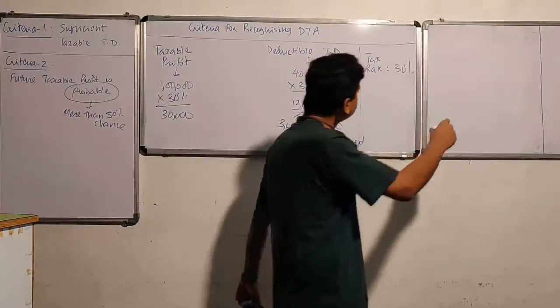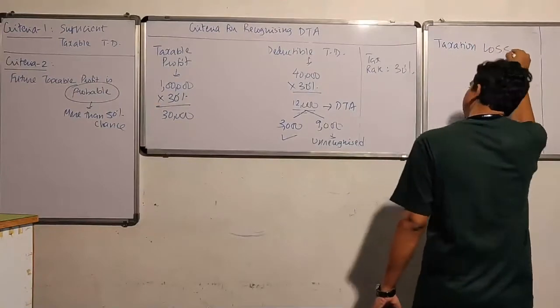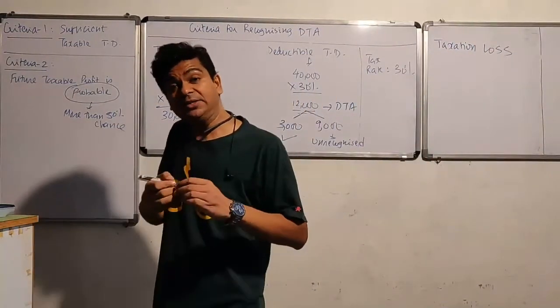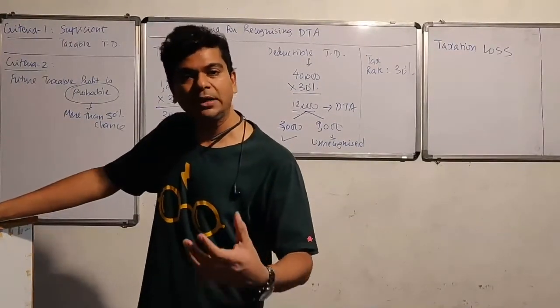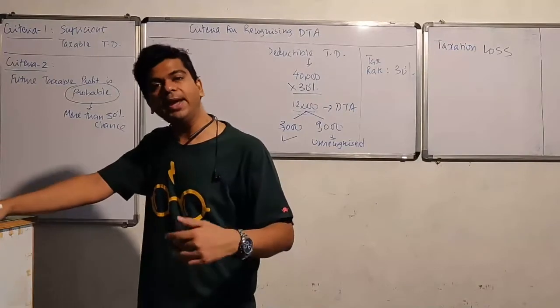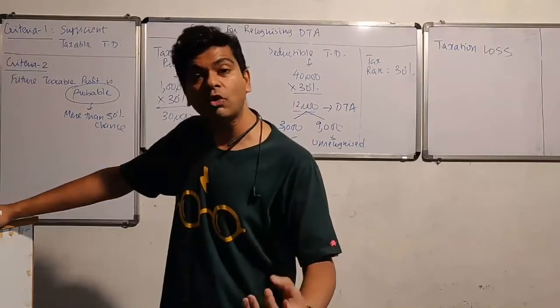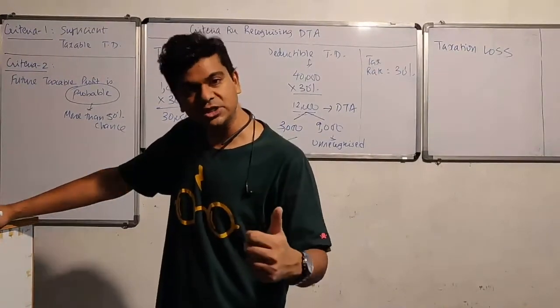But let us say you have a taxation loss. Let's say in the previous year there was a taxation loss, and you are expecting that this taxation loss may even continue. If the taxation loss is expected to continue, then you will not pay any tax. And if you are not going to pay any tax, where is the question of saving tax? So in that situation, I cannot recognize the DTA.